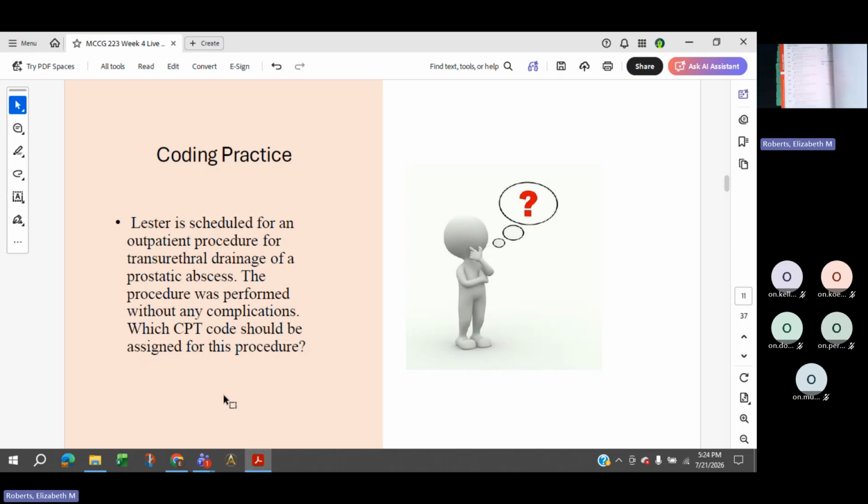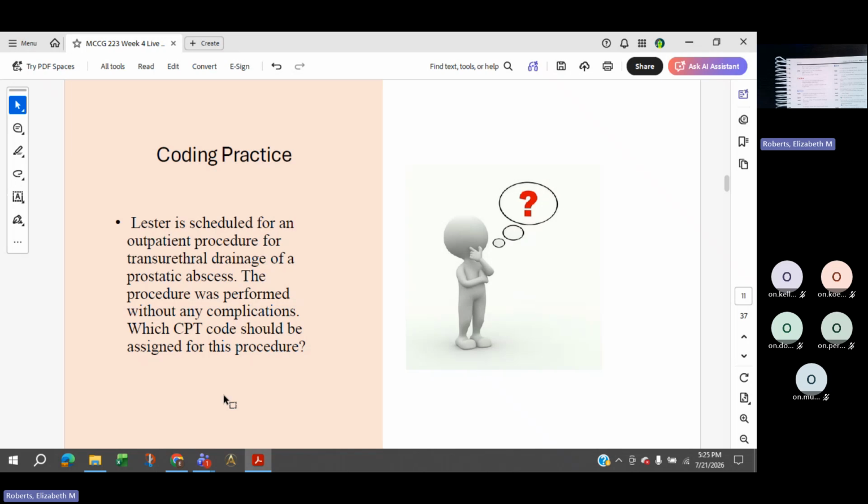So let's look at 52700 first. All right, I am on page 419. 52700 is at the top left-hand column: transurethral drainage of prostatic abscess.